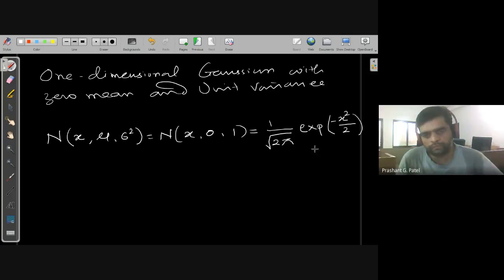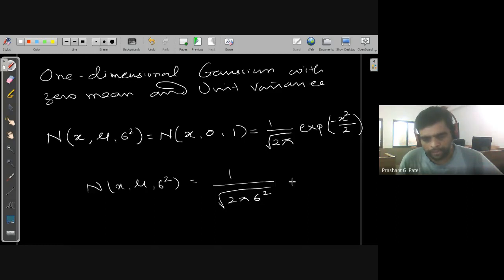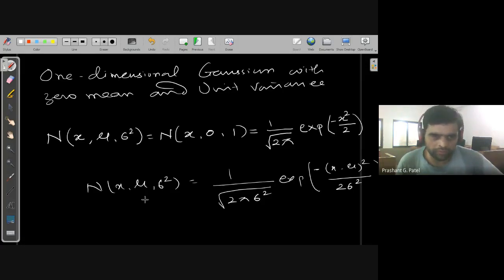In general, if you want to write down the normal distribution, that is N(x; mu, sigma squared), that will be 1 upon the square root of 2 pi sigma squared, exponential of minus (x minus mu) squared upon 2 sigma squared. So this is the one dimensional Gaussian with mean mu and variance sigma squared.